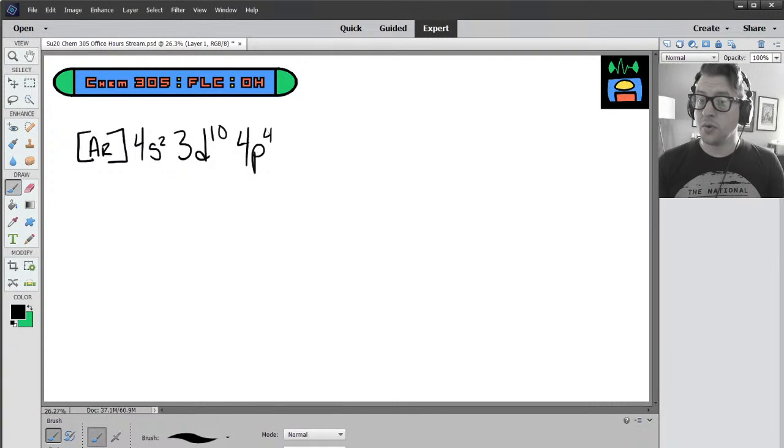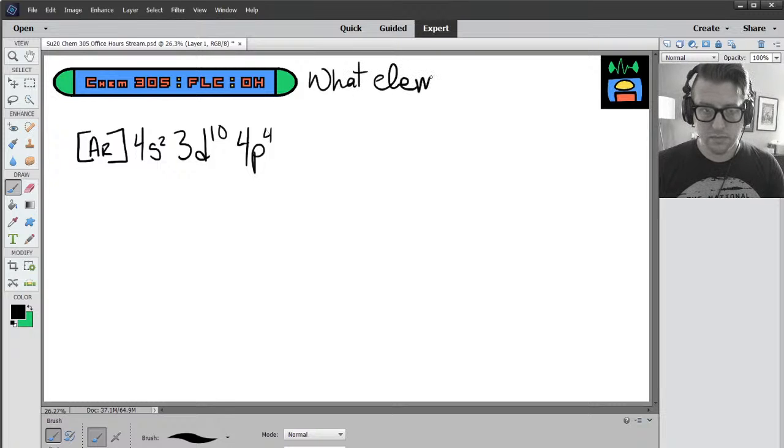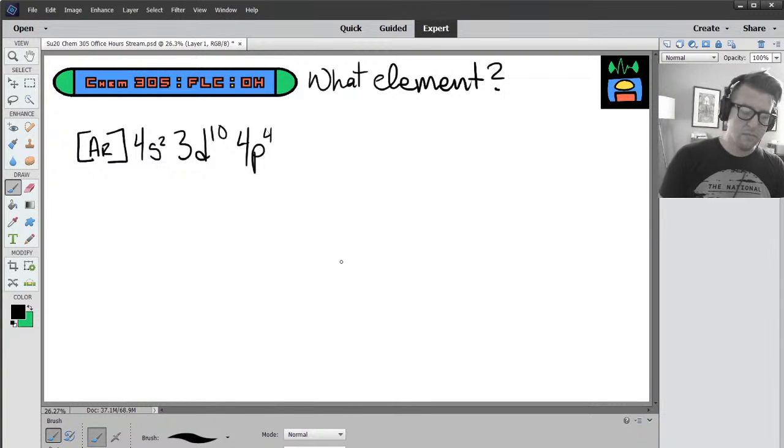So we're trying to find what element has this electron configuration.